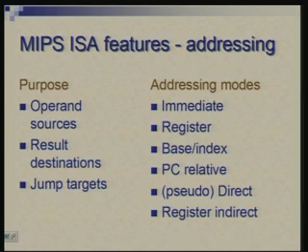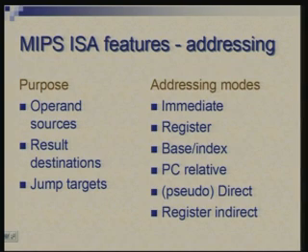Okay. The next issue is how you access the operands, okay, and this is called addressing mode. We need to access operands which participate in, for example, arithmetic operations. We also need to specify destination of the results of arithmetic or logical operations, and we need to specify targets for branch or jump instructions.